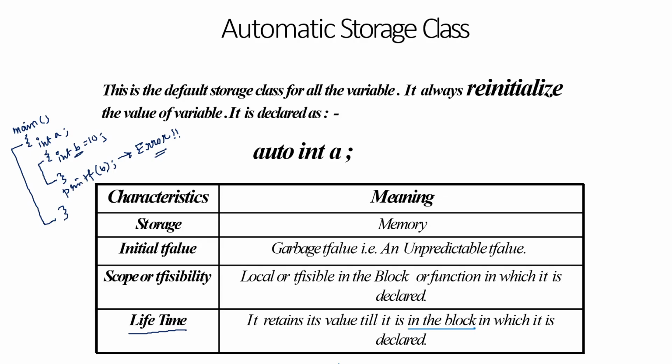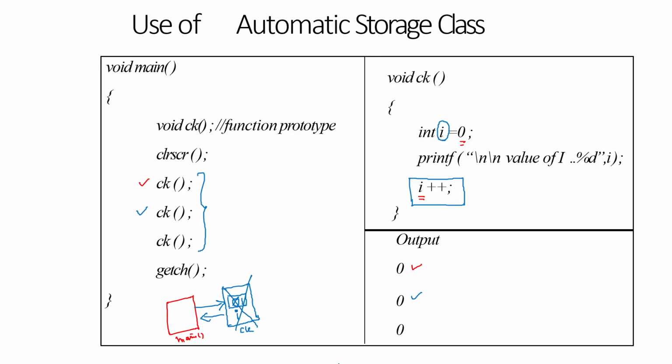That's why when a new memory location is created, a new value of I is created. This is a feature of the automatic storage class that we are generally habituated with.